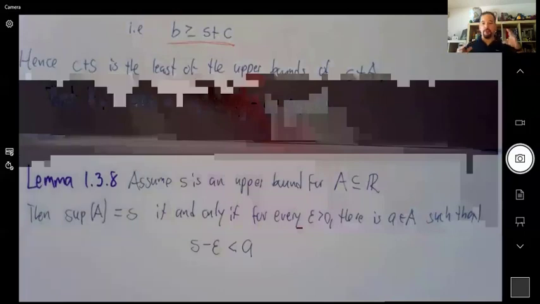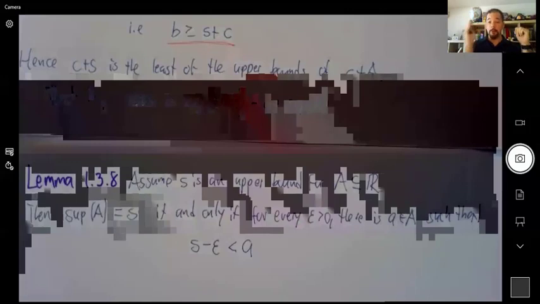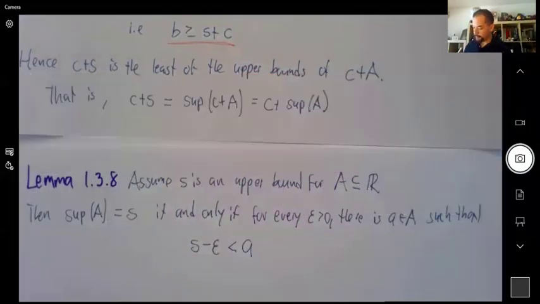So in other words, something is the supremum if it has the following property. It's an upper bound. Let me make a picture to explain this.